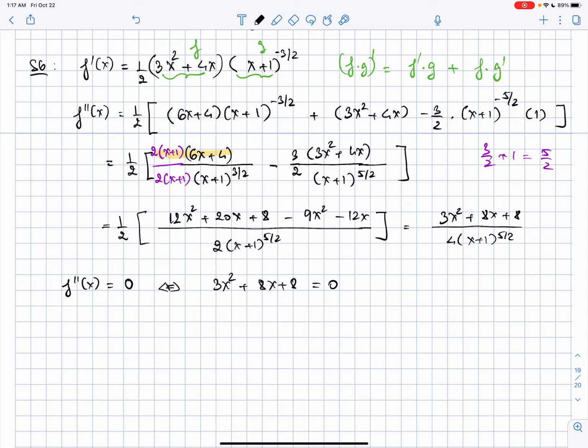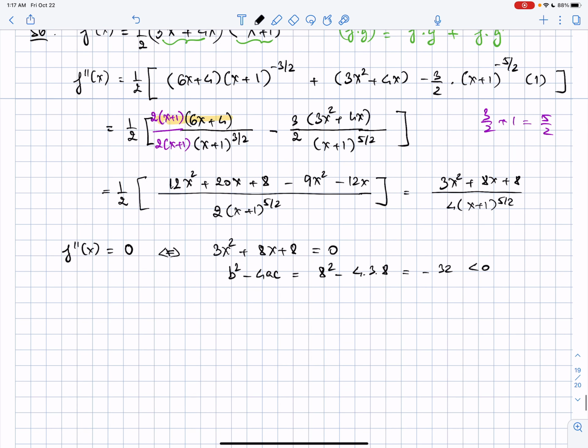But we notice that the discriminant b squared minus 4ac is negative 32, which is less than 0. So we have no solution. That means we have a parabola, and the parabola does not have an intersection with the x-axis.